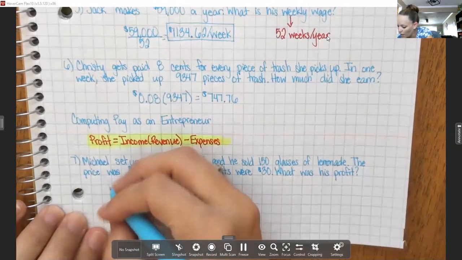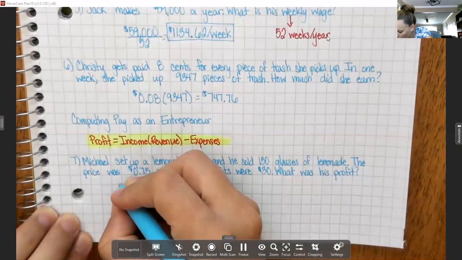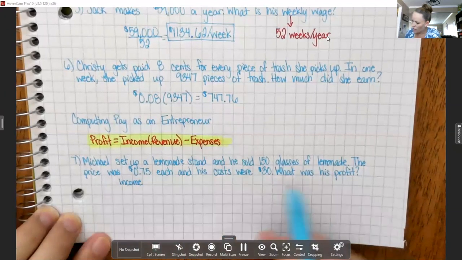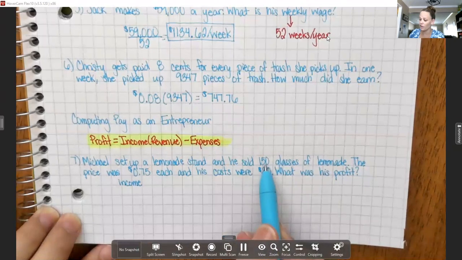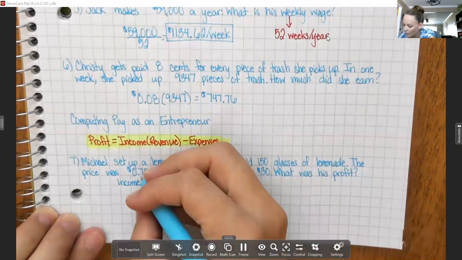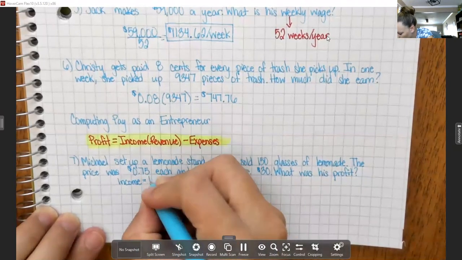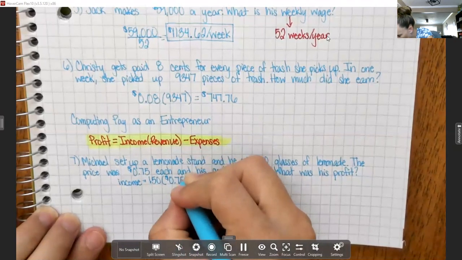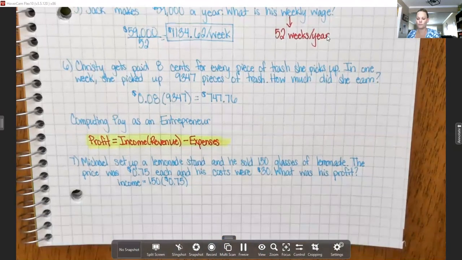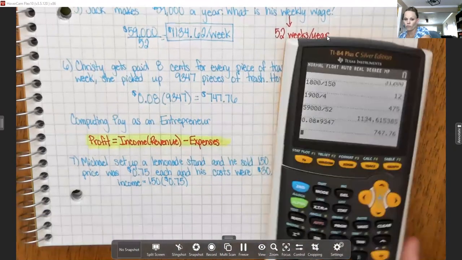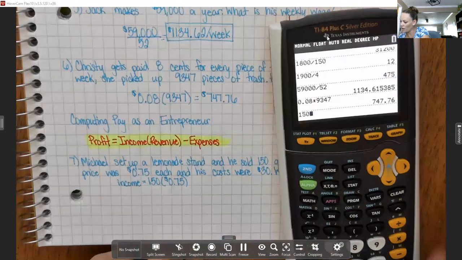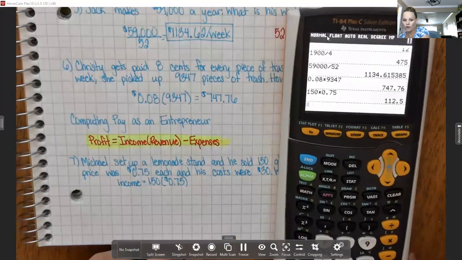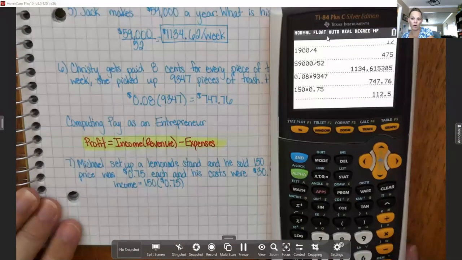So to calculate the income, how much money he brought in, 150 glasses times 75 cents each. So 150 times 0.75.